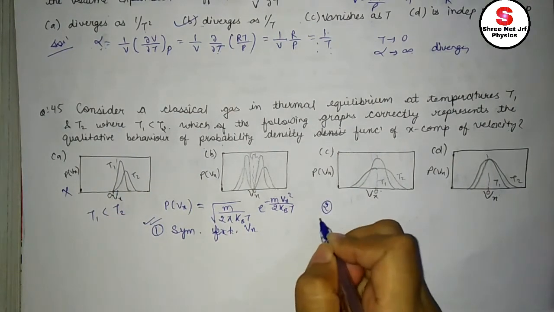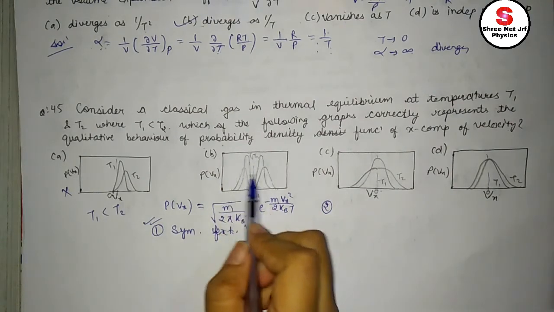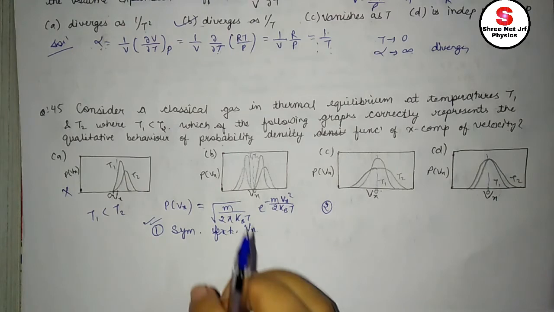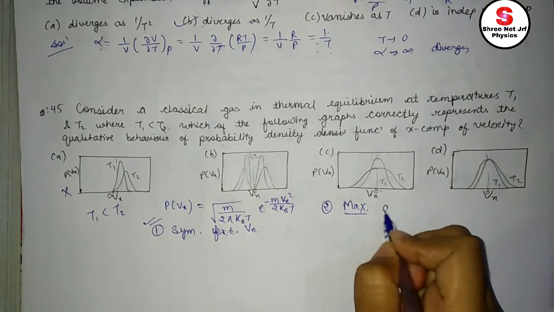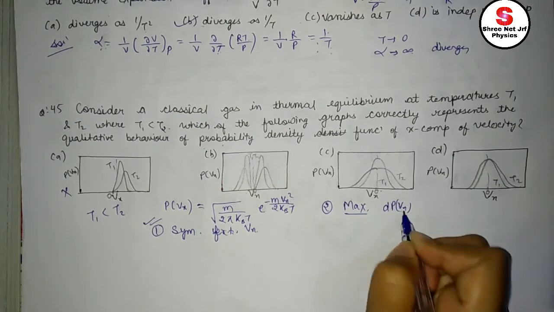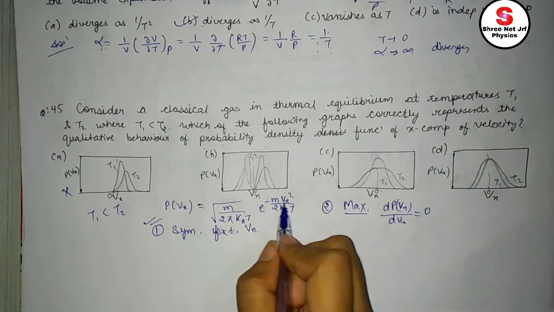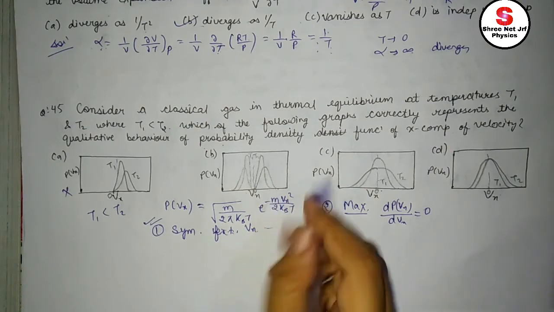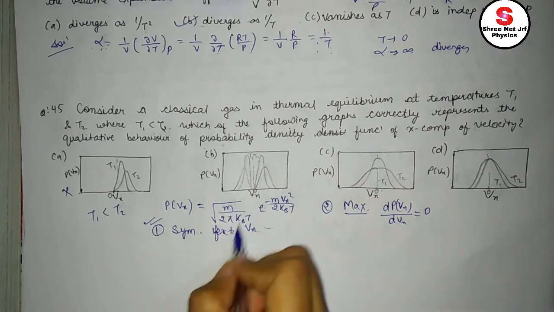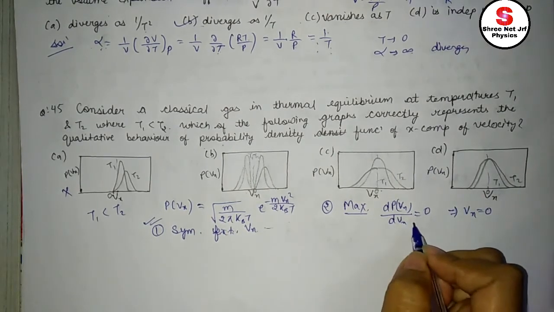Second thing that we can do is check when we get the maxima. For the condition of maxima, we know that dP(Vx) divided by dVx is equal to 0. When you differentiate it, the exponential term will remain the same and Vx will come out, and you will see that it happens for Vx equals 0.